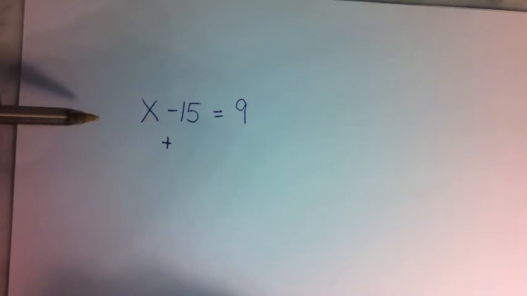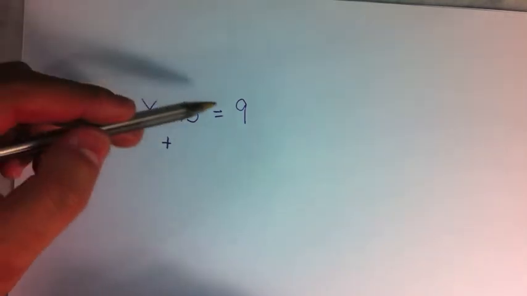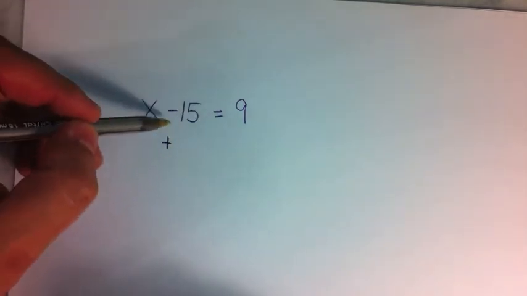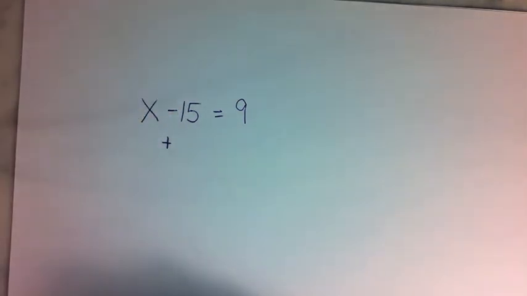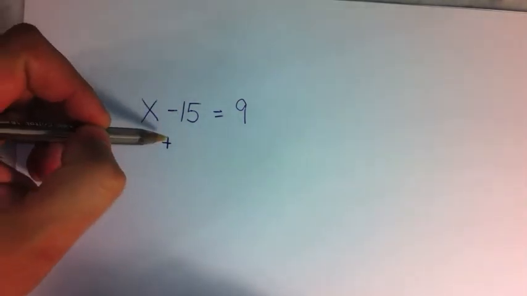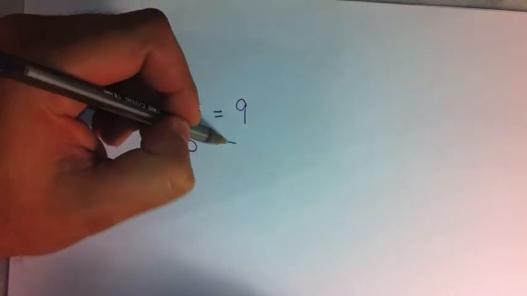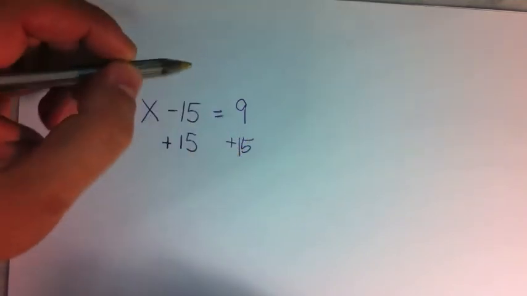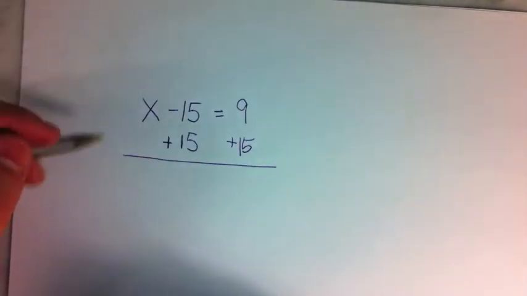Alright, about 3, 2, 1, and you should be done by now. Okay, x minus 15 equals 9. We're going to add 15. We're going to do the opposite operation of this part that's attached to the x on both sides of the equation. So, plus 15 on both sides, plus 15. Make your little sign right there.